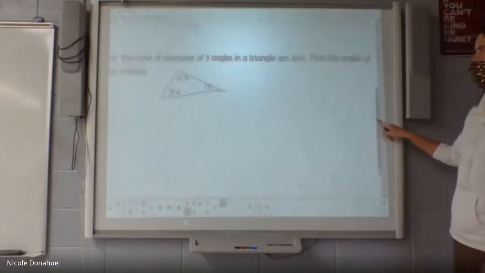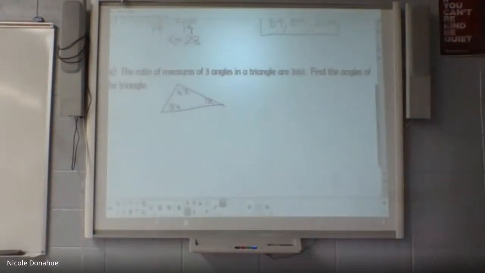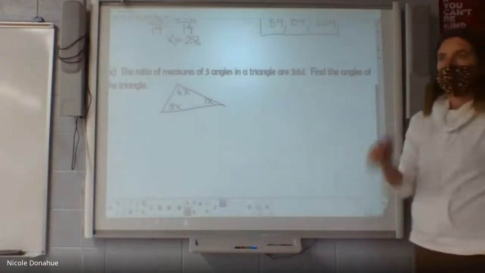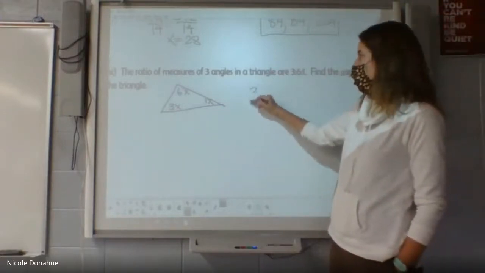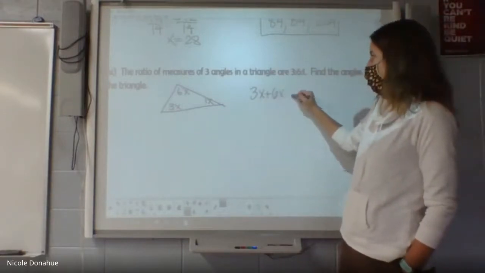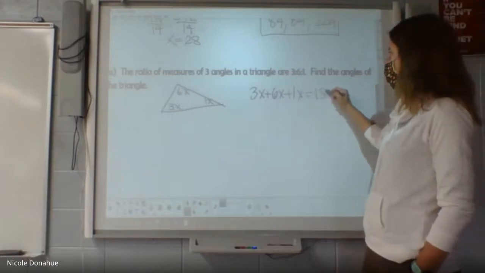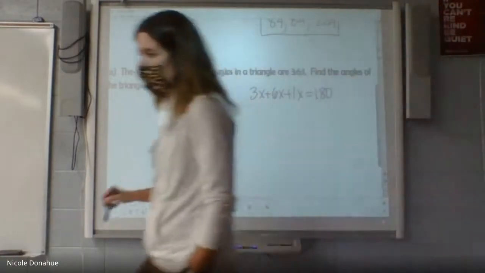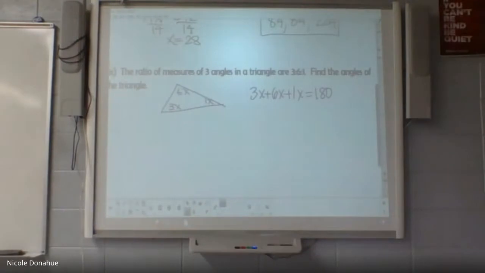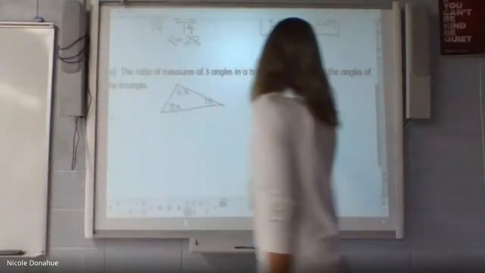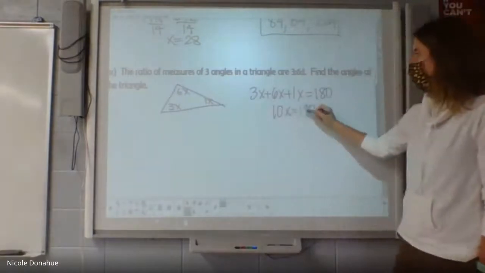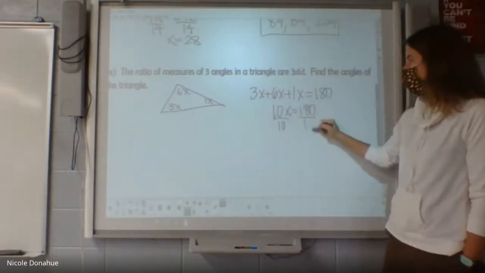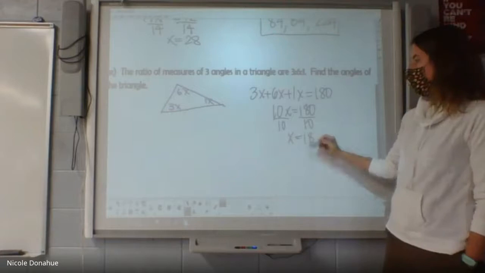What do I know about the angles of a triangle? Yeah, so we're going to add this together to make it equal 180. So that ends up being 10x. x is 18.